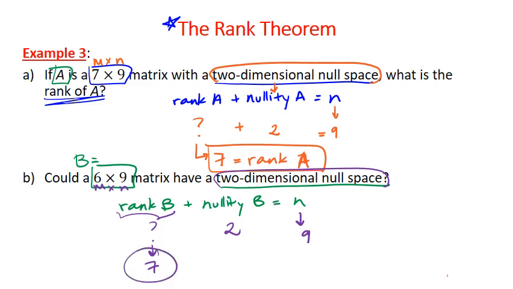Okay, but let's think about this for a second. The columns of B are vectors in R6. So the dimension of column B cannot exceed 6.